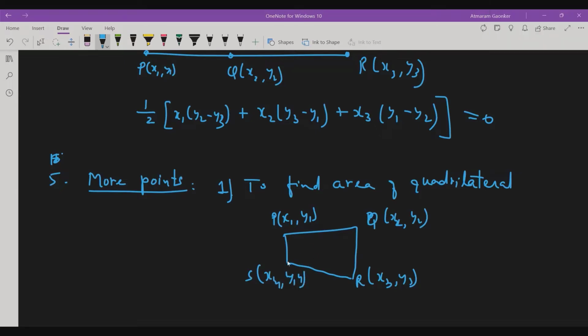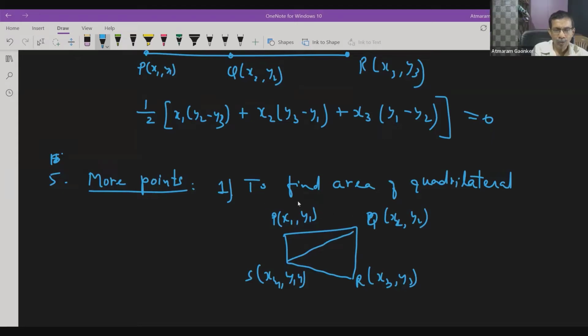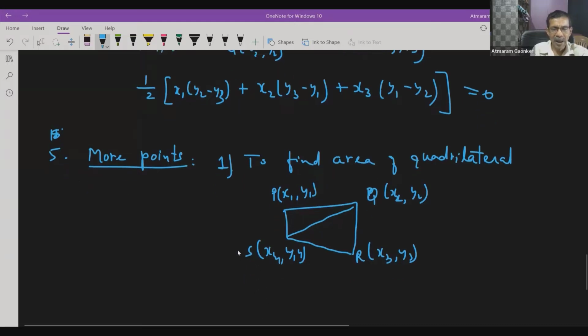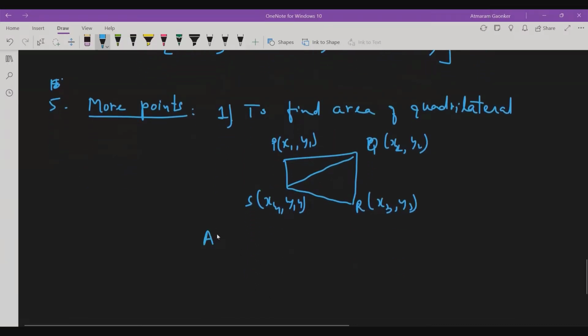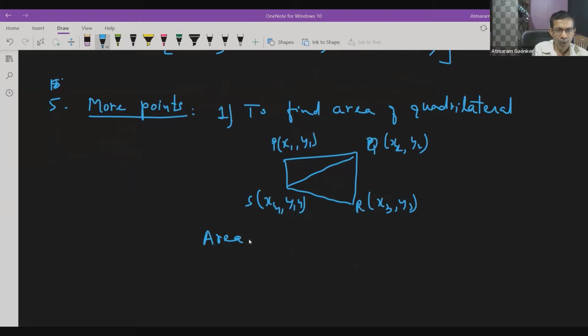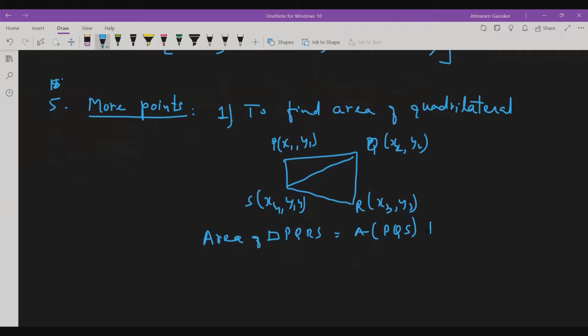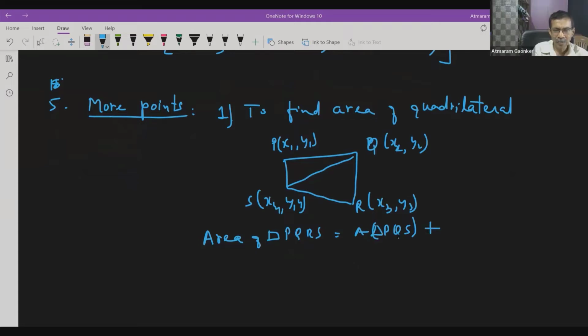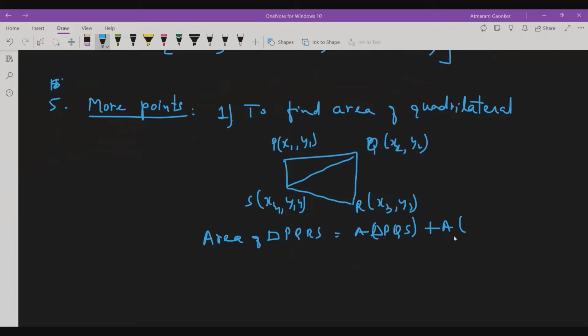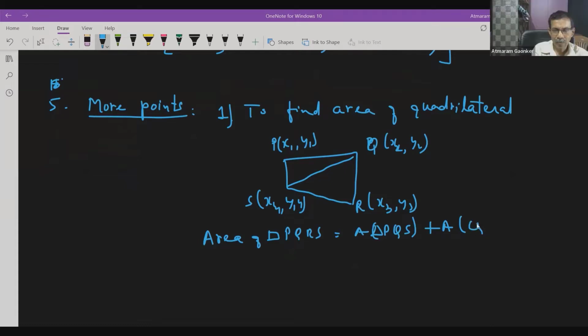Then if you find the area of the quadrilateral, that will be equal to what? Area of two triangles? Yes, sir. Area of quadrilateral PQRS is equal to area of triangle PQS plus area of triangle QRS. Yes. So this you have to use.